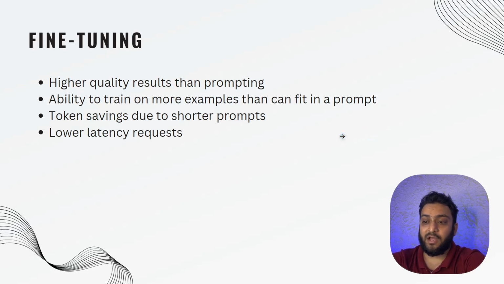Sometimes fine-tuned models are also smaller in size, and this is the reason you could get lower latency requests as well. Whenever you're working with streaming data, you would have issues with latency. In that case, to get lower latency requests, you can do fine-tuning instead of giving long prompts.